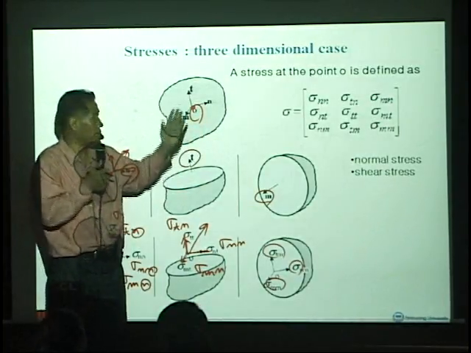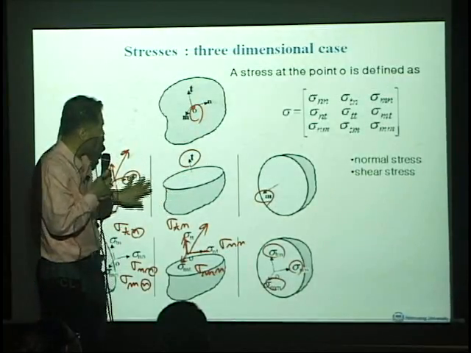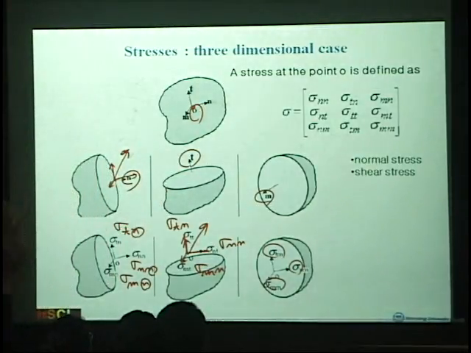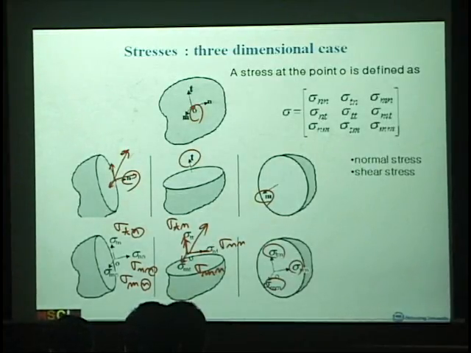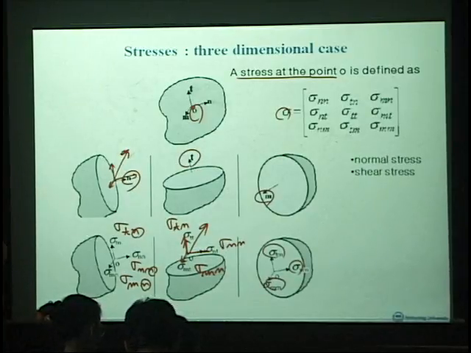So don't worry about the arbitrary cross-section. These are already arbitrary, and each cross-section can have 3 components of stress, and that's why for the stress at a point in 3-dimensional space, we can have these 9 components of stress.